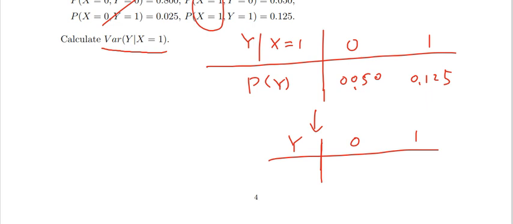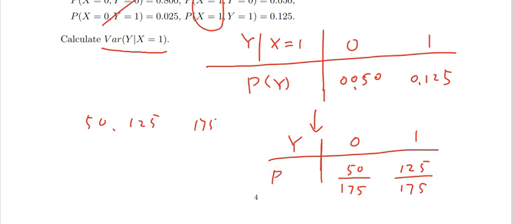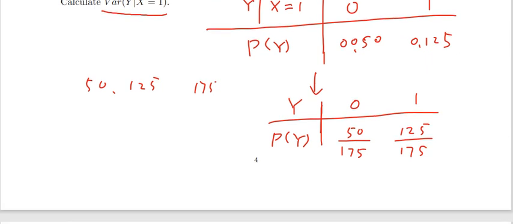So we can regard these as 50 and 125. What is their relationship? Totally, adding them up is 175. So this is 50 over 175 and 125 over 175. Okay, so now find the variance for this one. Such a problem is very easy.